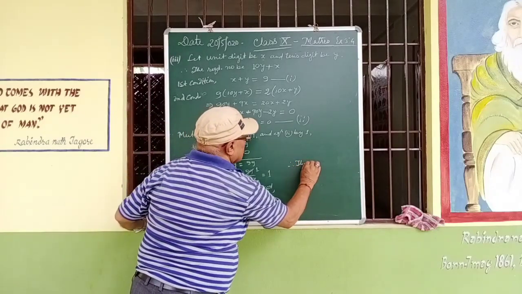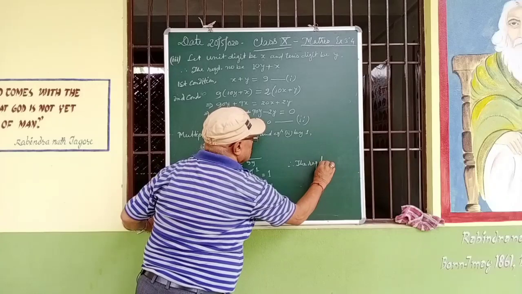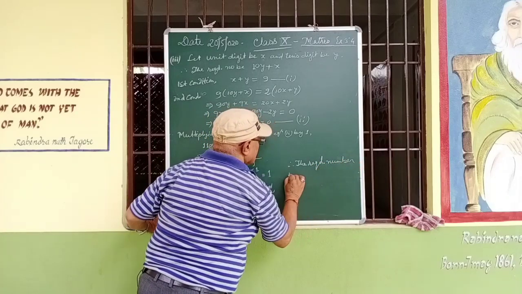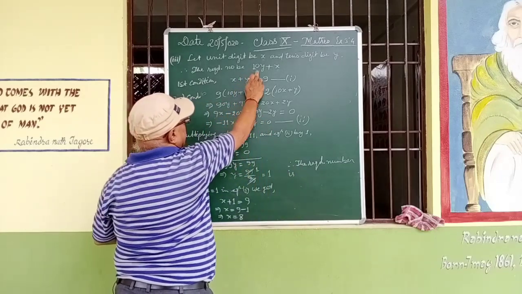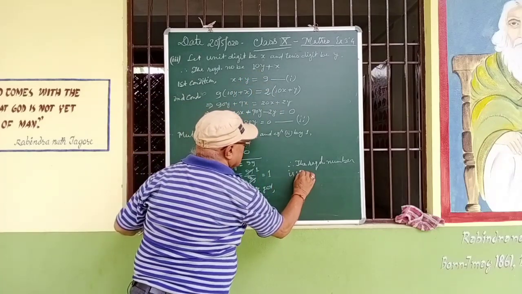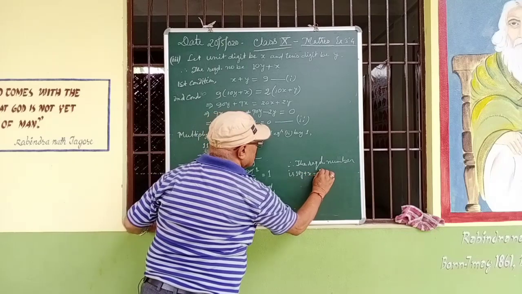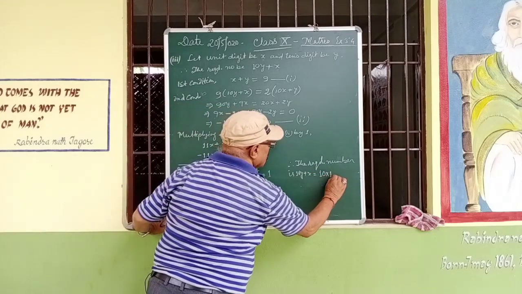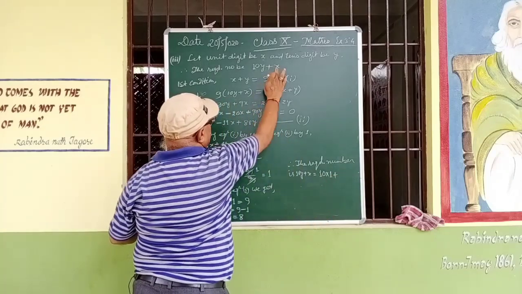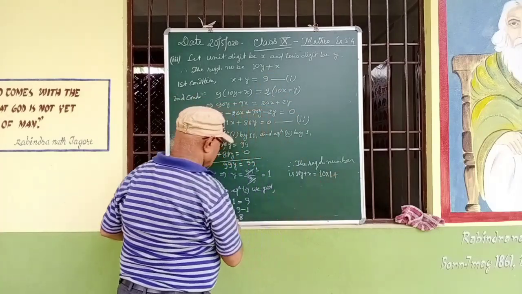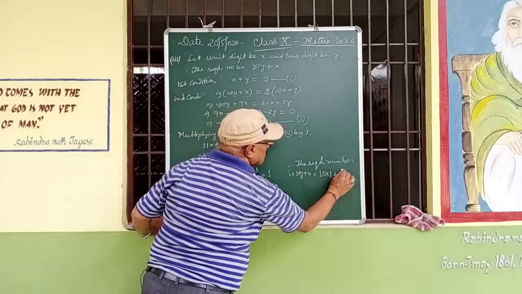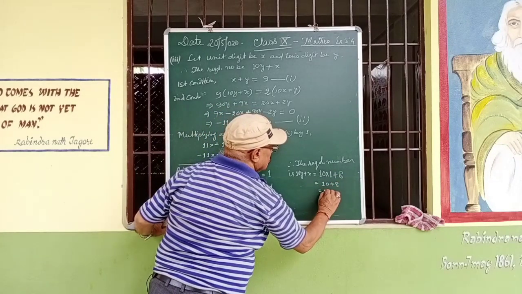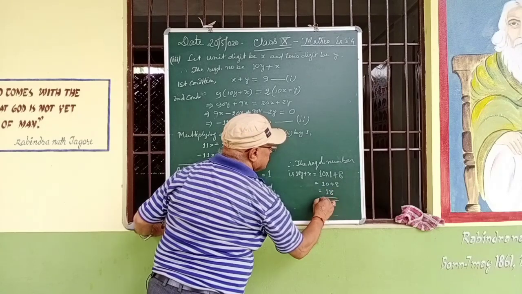Therefore, the required number is 10y plus x, which is 10 into 1 plus 8, is equal to 18.